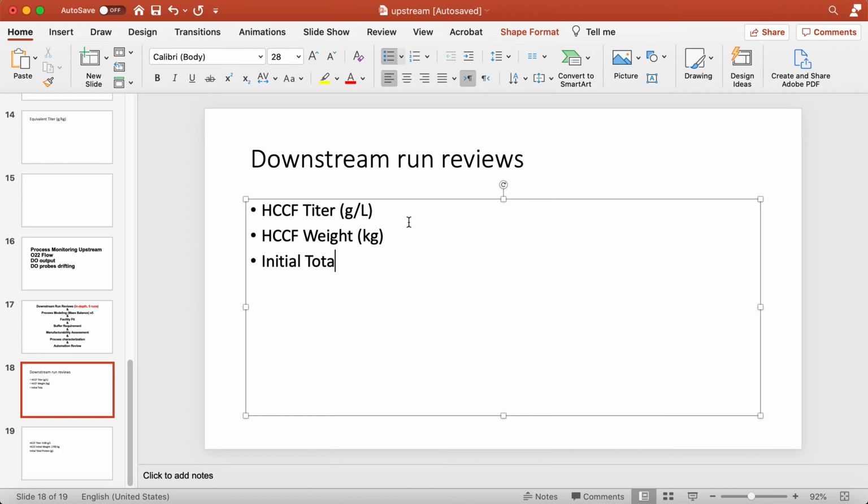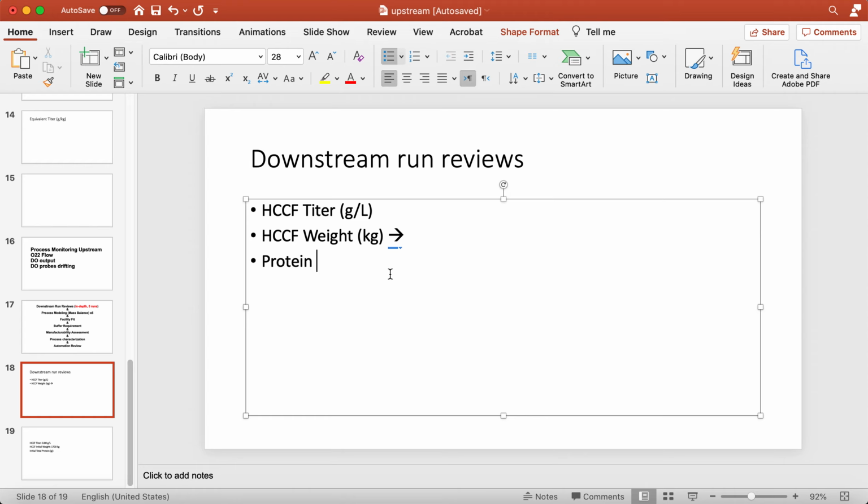You convert the kilograms into liters, and then you multiply that by the HCCF titer to get the total protein out of it.